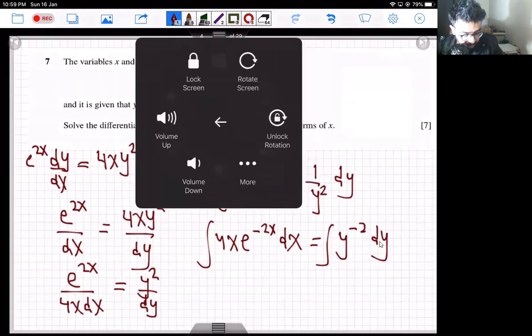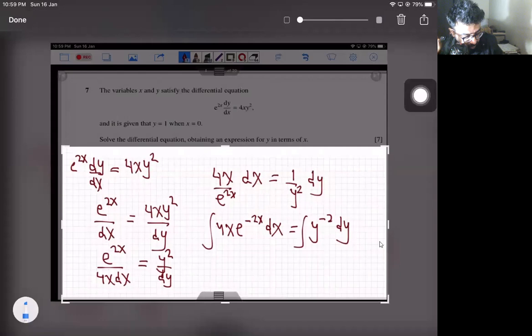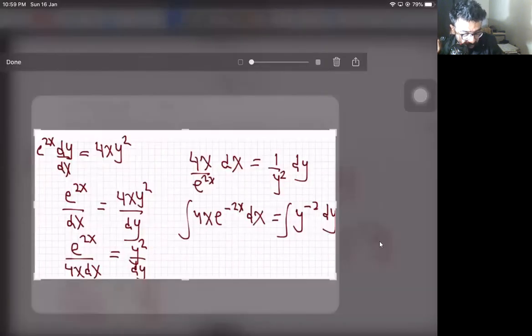All right, so far we have achieved this. Now just focus on 4x multiplied by e raised to the power minus 2x only, and we are going to use the formula of integration by parts.